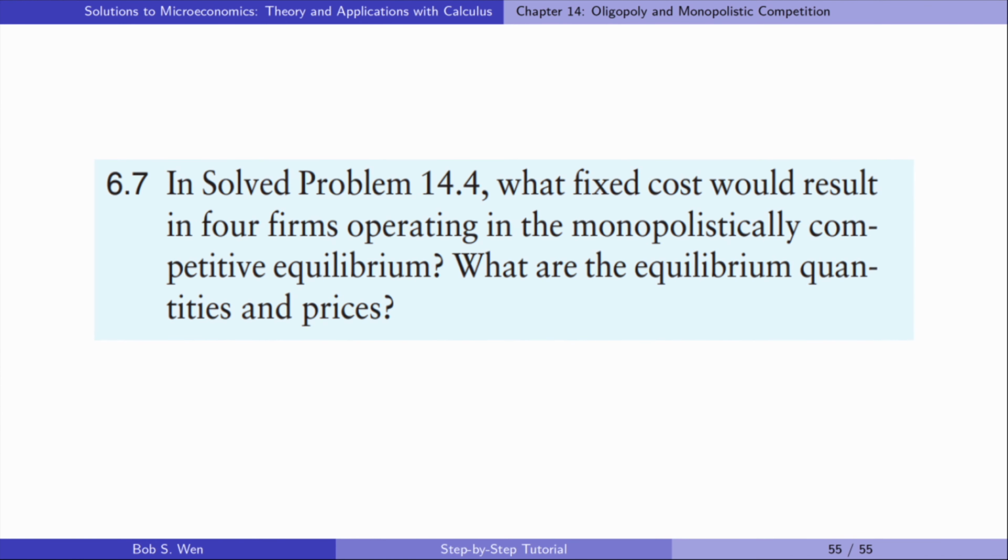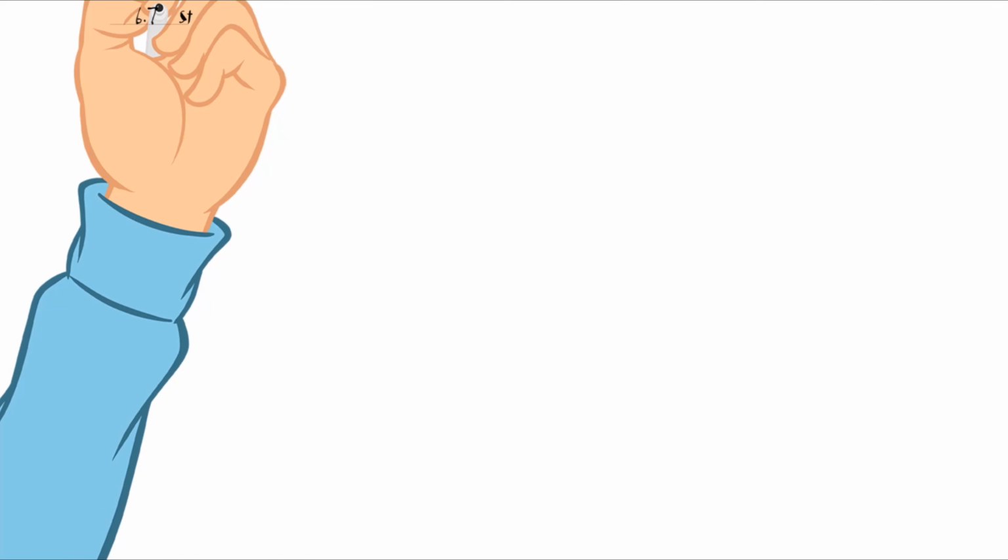Let's solve exercise 6.7. In solved problem 14.4, what fixed cost would result in 4 firms operating in the monopolistically competitive equilibrium? What are the equilibrium quantities and prices? We tackle the problem in 2 steps.